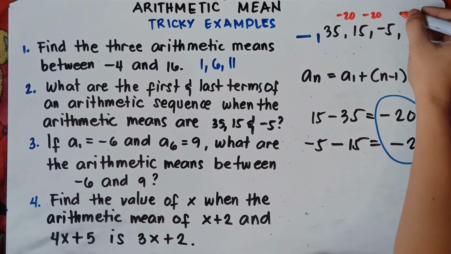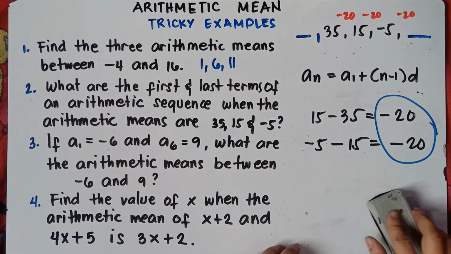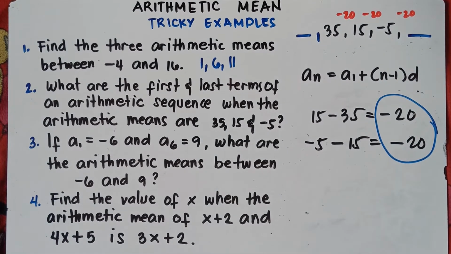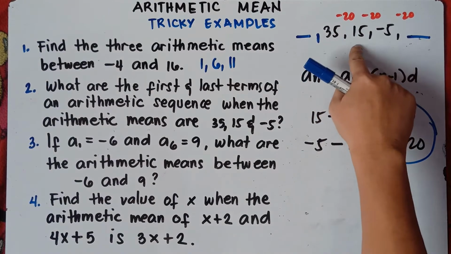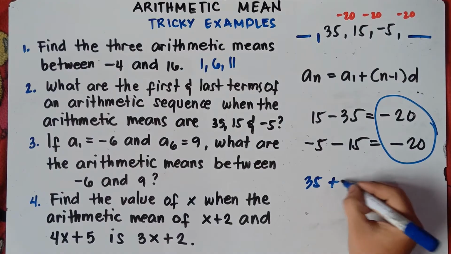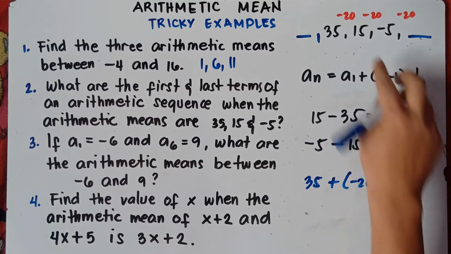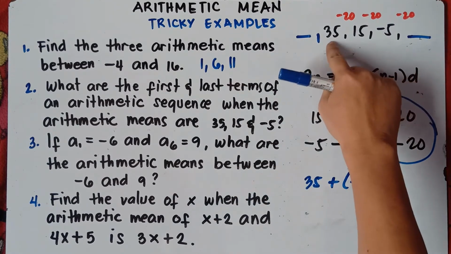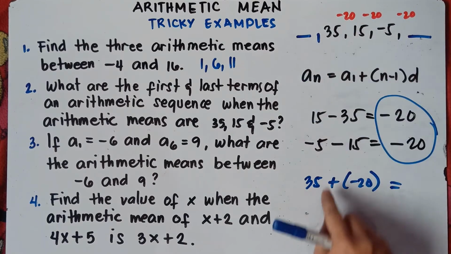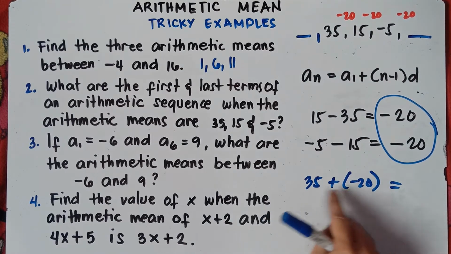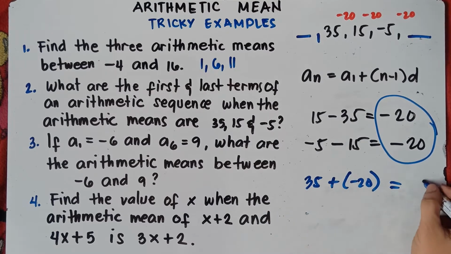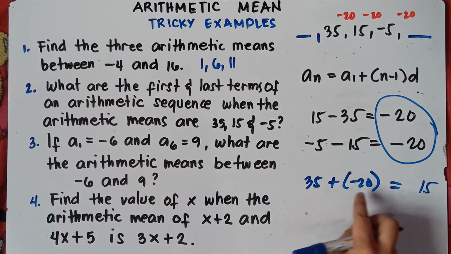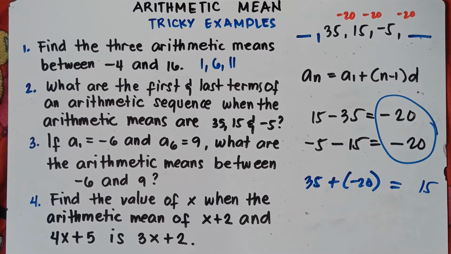Even if you check this one, class, 35 plus negative 20, do we get 15 going to the right? Because the common difference is negative 20. If the signs are not the same, subtract. 35 is positive, 20 is negative, 35 minus 20 is 15. 35 is greater than 20, that's why we have positive 15.